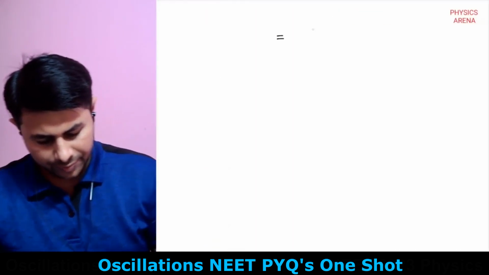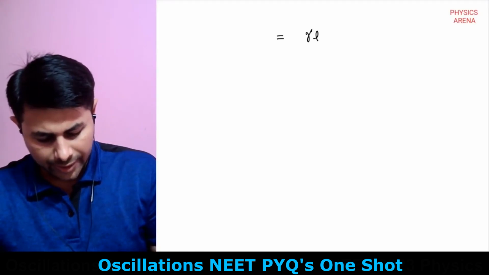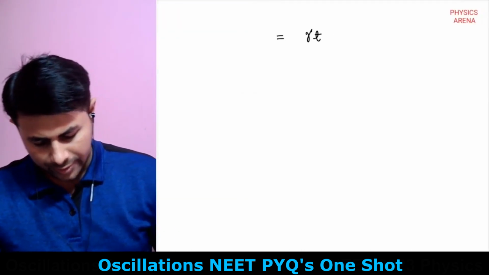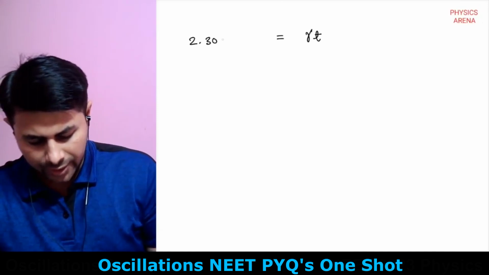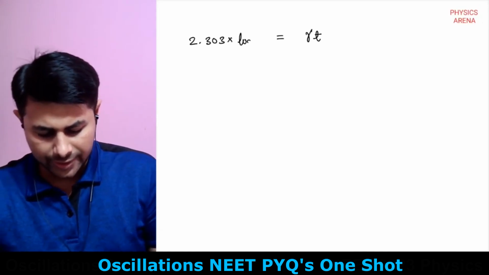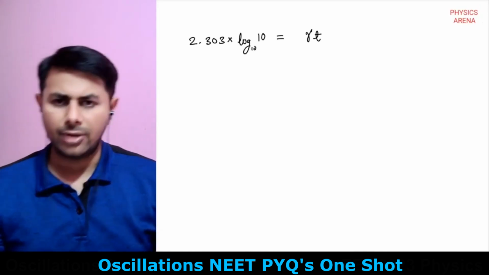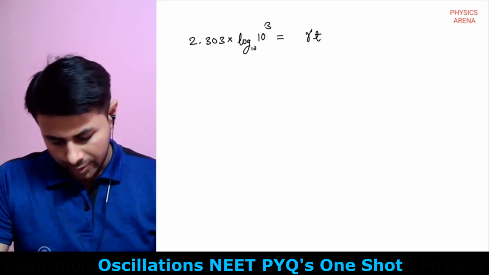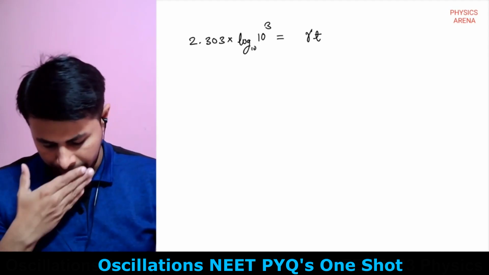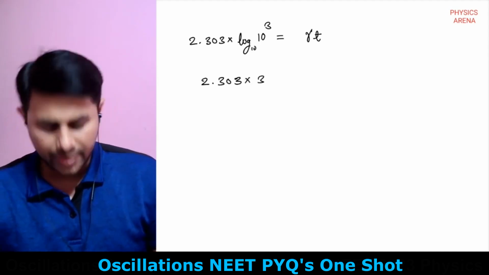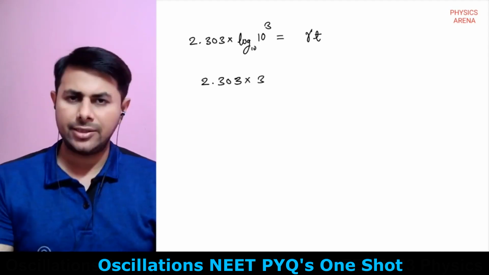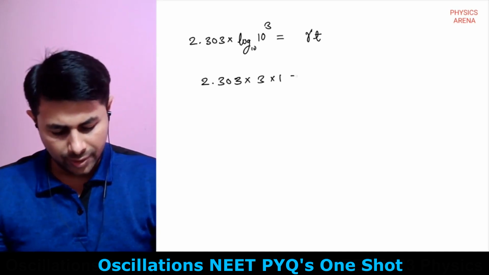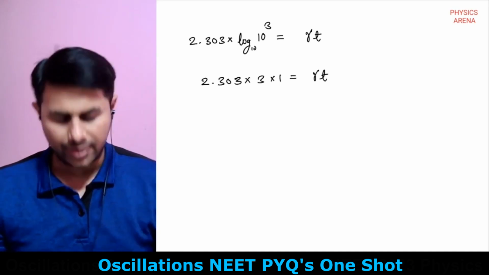From that we get gamma t equal to 2.303 multiplied by log to the base 10 of 1000, which is 10 raised to 3. So we can write 3 multiplied by log to the base 10 of 10, which is 1, and that's equal to gamma t.